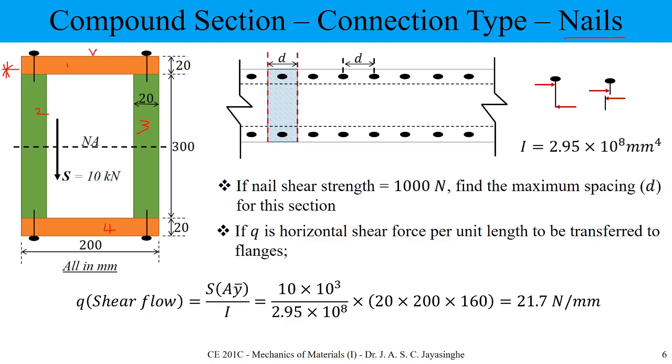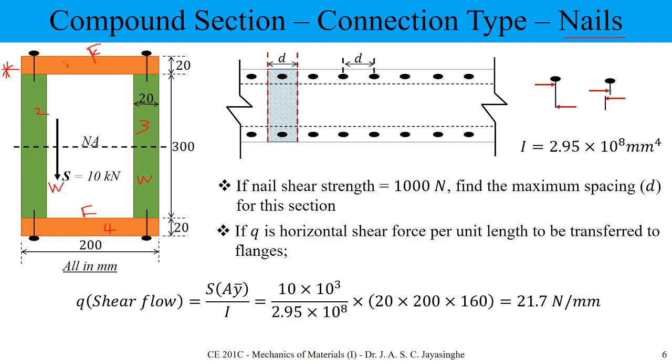This is the flange, you know this one, and this is the web of this structure. So now you can see we are using nails as a connector to connect the web and flange. So what is the purpose of these nails?